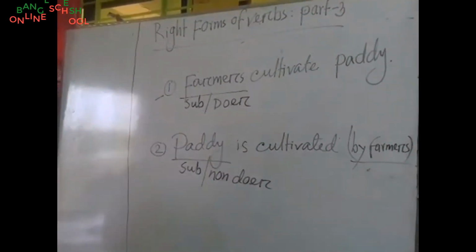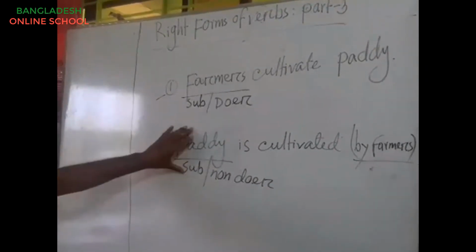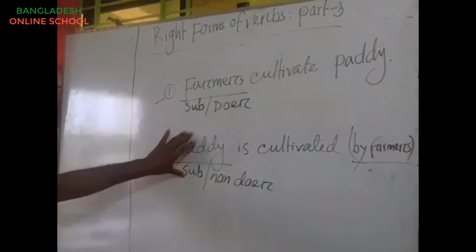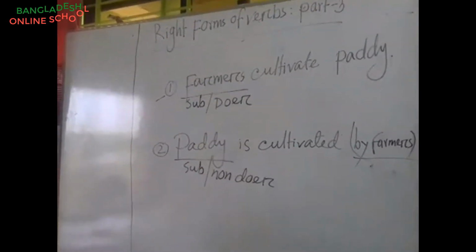But in the second example, paddy is non-doer because this subject paddy does not perform the action of the verb cultivate.